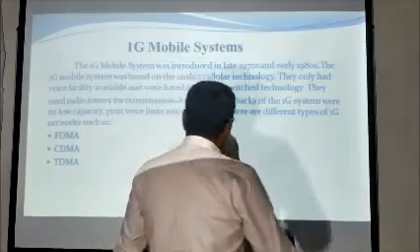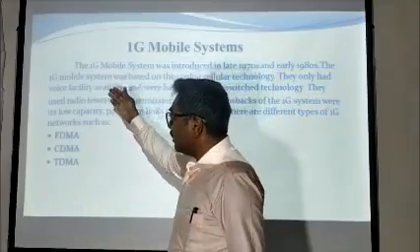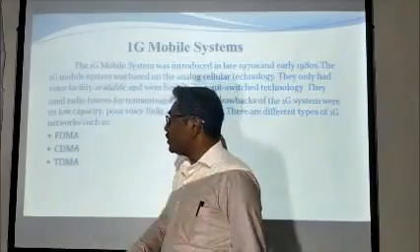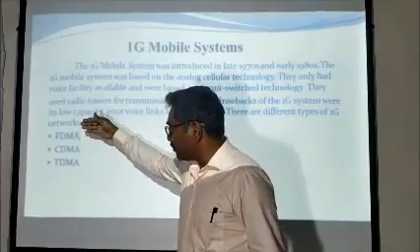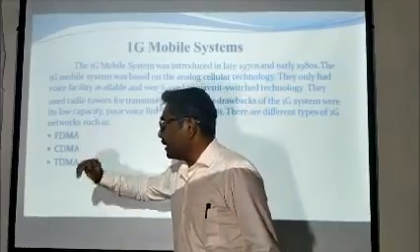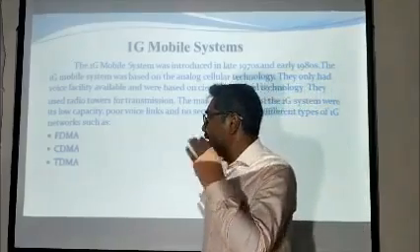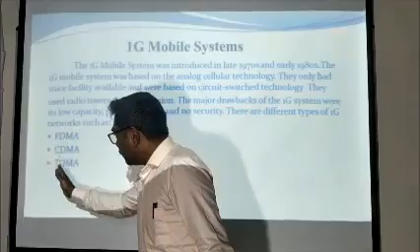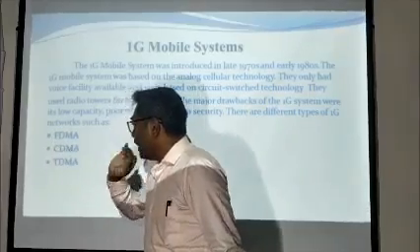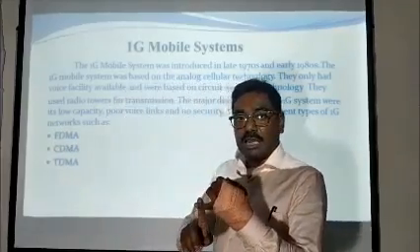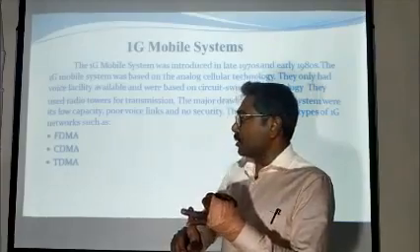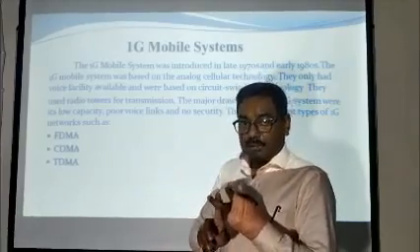Now in this 1G, three kinds of network signal were used: FDMA, CDMA and TDMA. Just find out the first letters F, C and T: F for frequency, C for code, T for time.